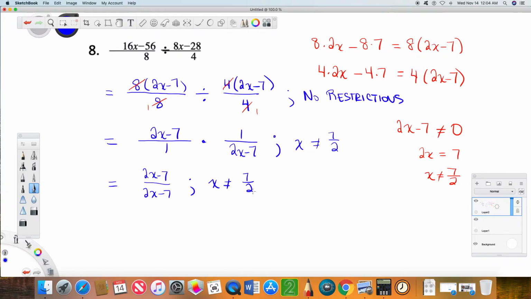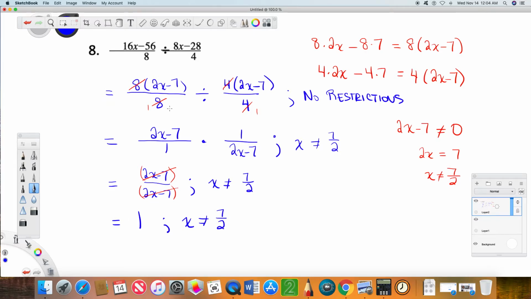Don't forget our restriction. Look at this, it's really nice that we have a 2x minus 7 divided by a 2x minus 7. And so that reduces to just 1, provided that x is never equal to 7/2.